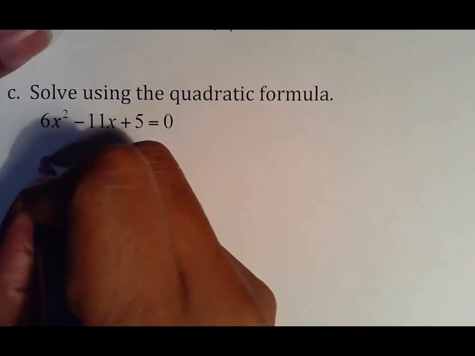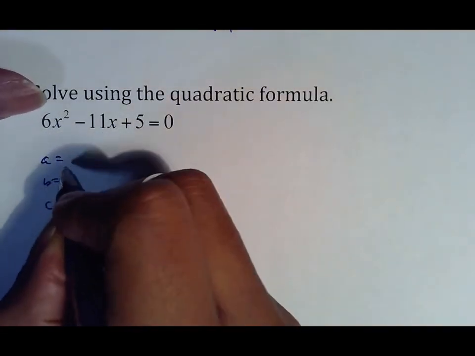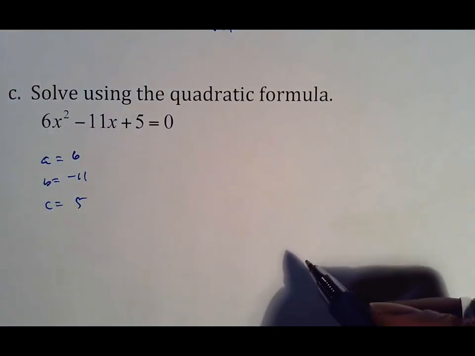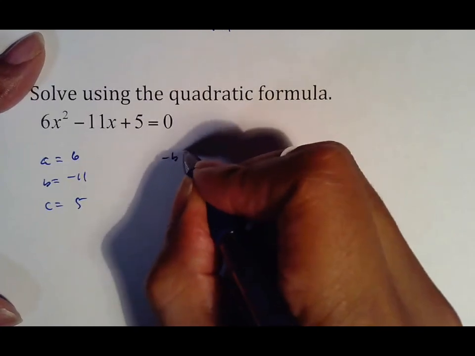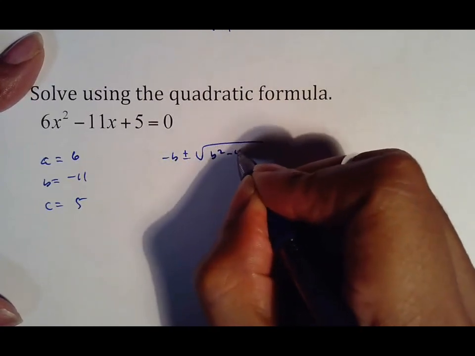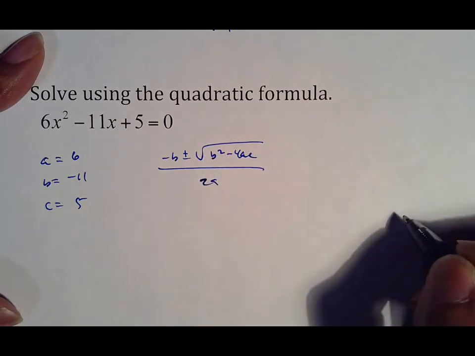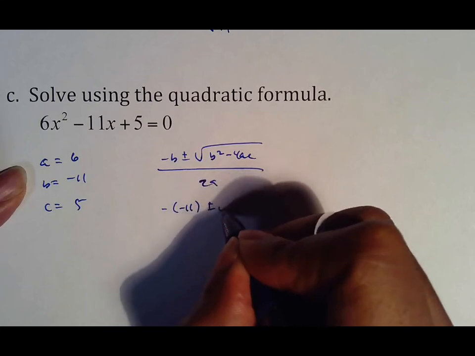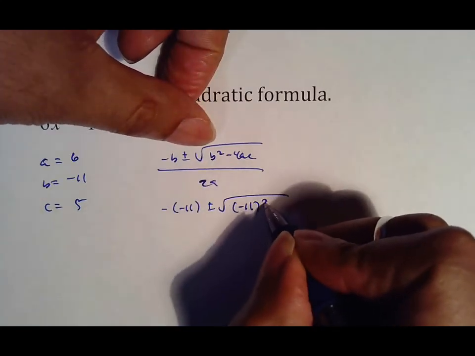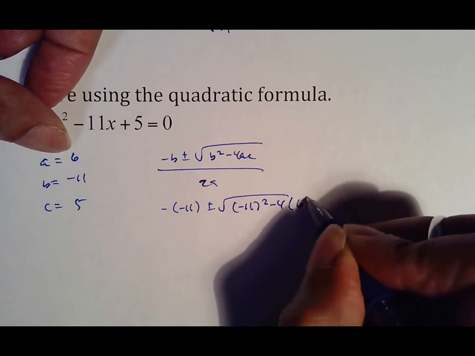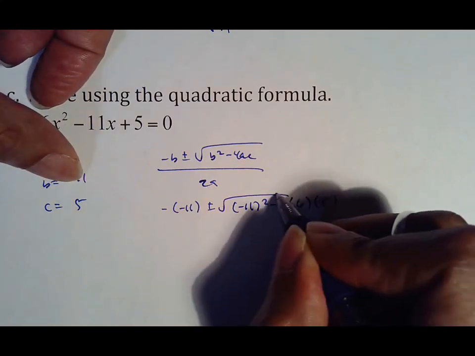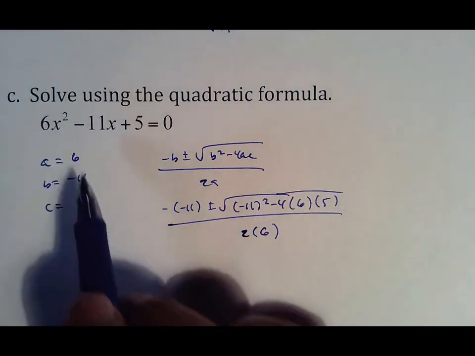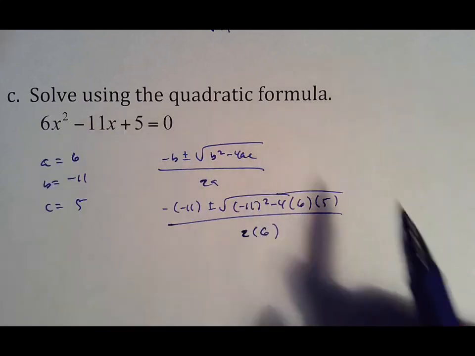Looking at the last one again, a is 6, b is -11, c is 5. From there, write your formula. From there, substitute negative parentheses b squared minus 4ac all over 2a, and all I'm doing is plugging in from the list, which is why I list them, so I don't have to go back and read it the wrong way.